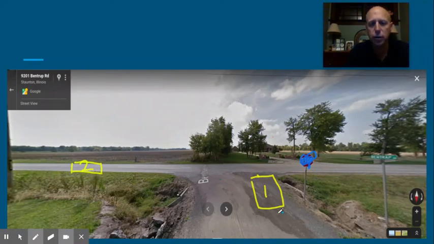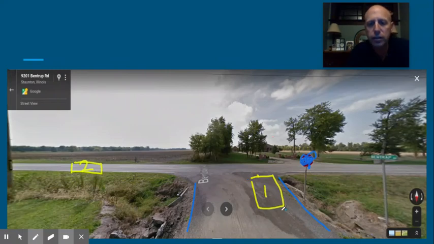So which one is the terminating one? Well, it's the one whose road ends. And you can see that this road right here does not continue on. It ends at this intersection. And it is joining this road that's running left to right in our picture. So this road is the terminating road. This road is the through road because it continues on through the intersection.